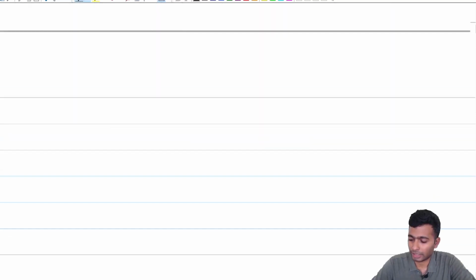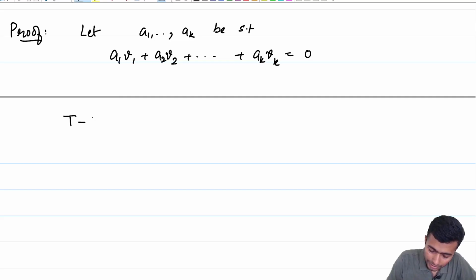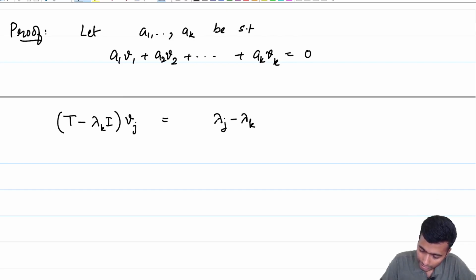That would establish that v1 to vk are linearly independent. To do that, let us observe a few things. The first observation is that if you look at T minus lambda k I acting on any of the vj's, this is just going to be equal to T vj minus lambda k vj, which is lambda j minus lambda k times vj.